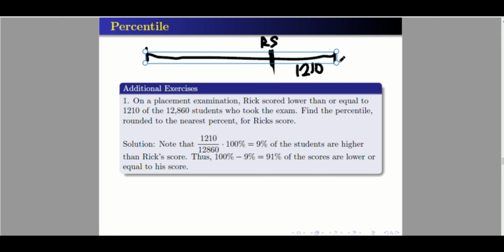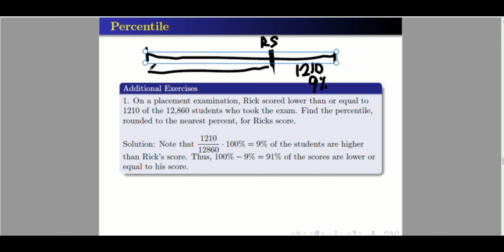So if we compute the percentage here, we have 1,210 divided by 12,860, it's 9%. So this is therefore rounded off to 9%. But the question is the percentile. When we talk about percentile, it should be the percent to the left.